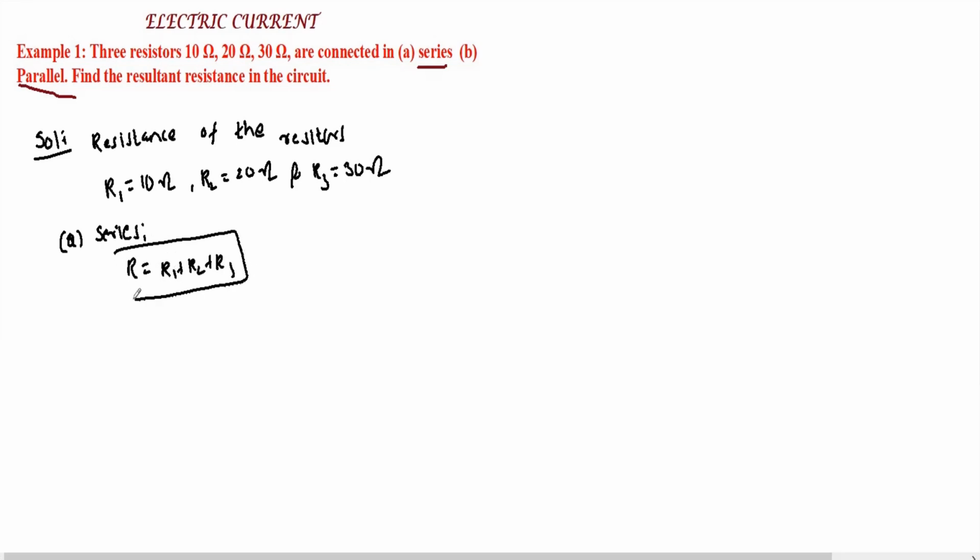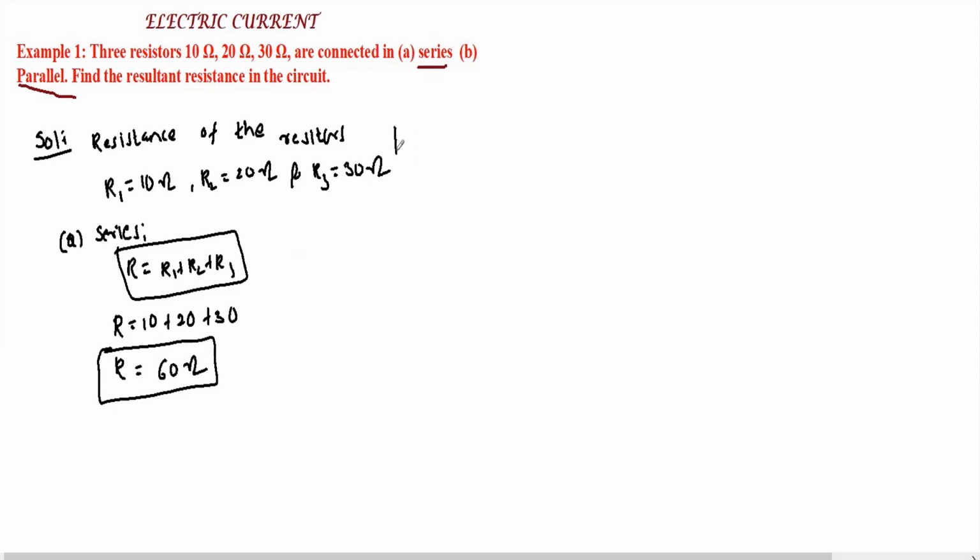This is the formula we have. So substitute the values. R equals R1 means 10 ohm plus R2 20 and R3 30. So resultant resistance is 10 plus 20 plus 30, total 60 ohm. The resultant resistance in the series connection is 60 ohm.